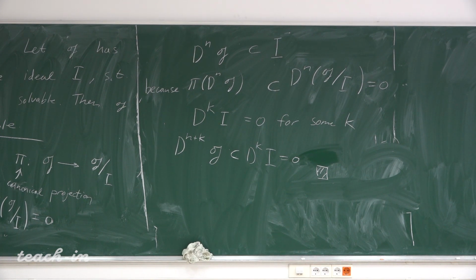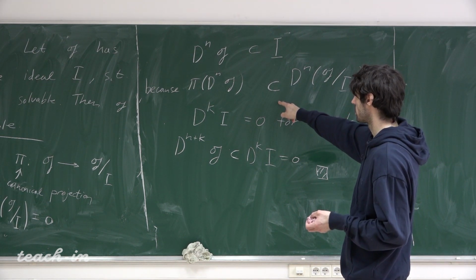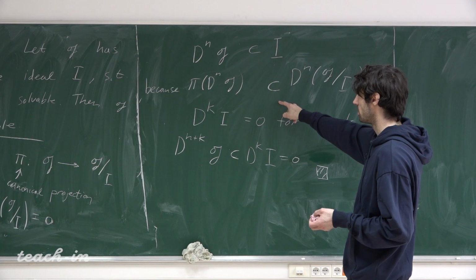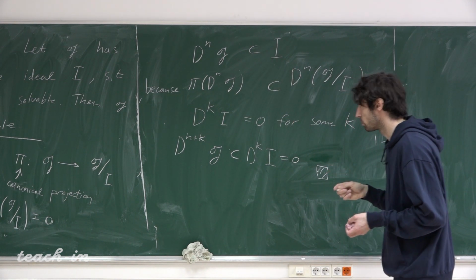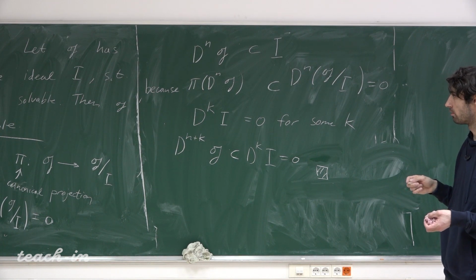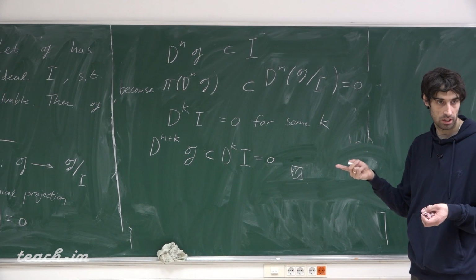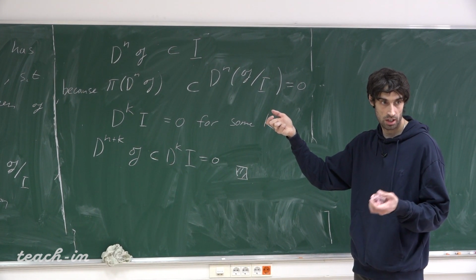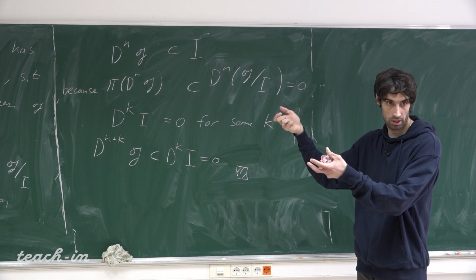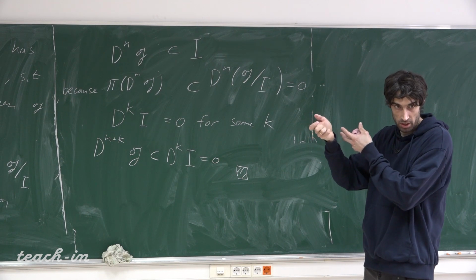By the way, what's written here is an easy but very useful property of a homomorphism of Lie algebras. If I take a derived or lower series, apply a homomorphism of Lie algebras, it will live in the derived series of the image.